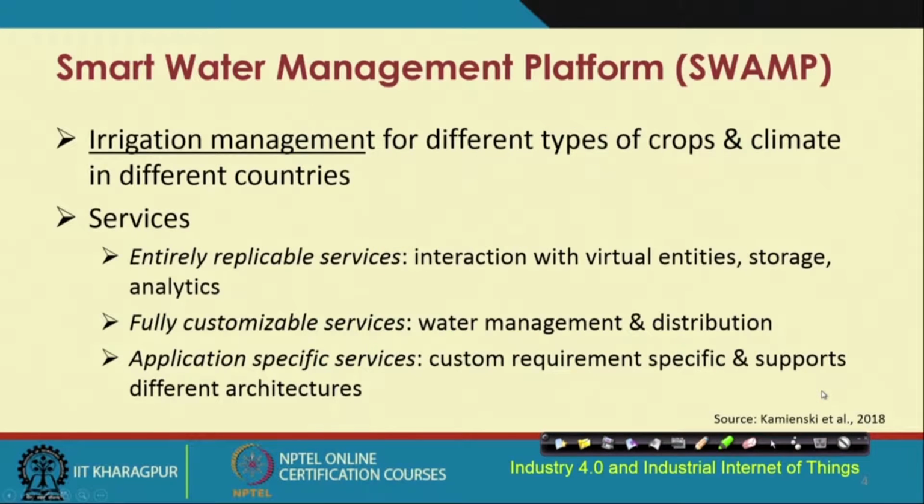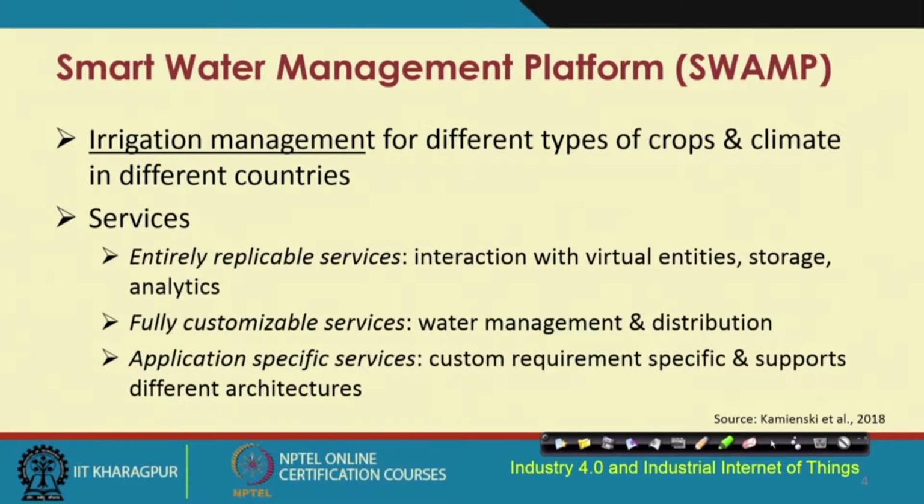Next comes another work, again in the domain of agriculture. SWAMP is a smart water management platform. Here the authors are talking about irrigation management based on the different types of crops, climatic conditions, different regional variations and so on, with the help of different types of sensors which will be collecting different types of data from different locations.